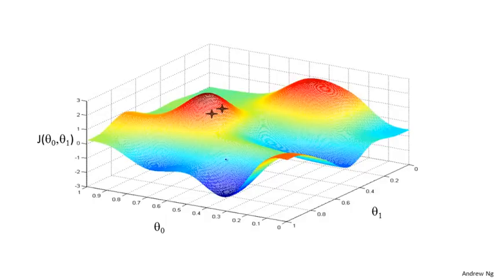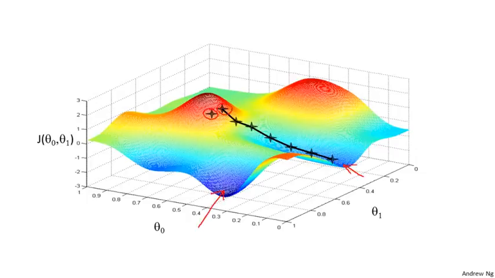If you were to repeat this process, starting from that point, look all around, take a little step in the direction of steepest descent, then look around, take another step, and so on, gradient descent would have taken you to this second local optimum over on the right. So if you had started at this first point, you would have wound up at this local optimum.